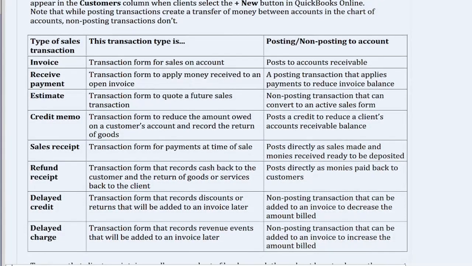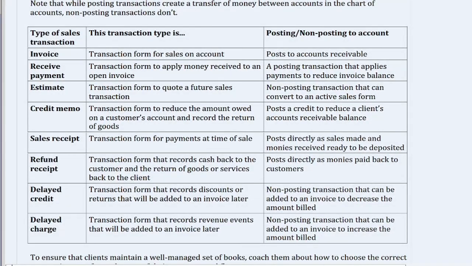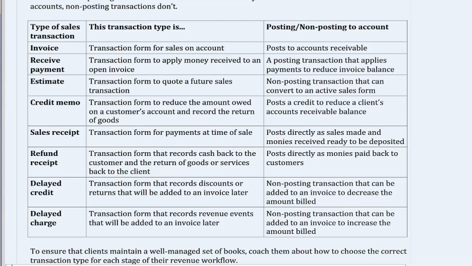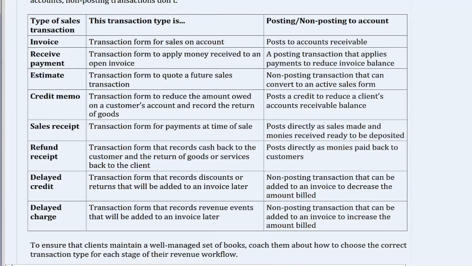Transaction form that records discounts or returns that will be added to an invoice later. Non-posting transaction that can be added to an invoice to decrease the amount billed. Delayed charge. Transaction form that records revenue events that will be added to an invoice later. Non-posting transaction that can be added to an invoice to increase the amount billed. To ensure that clients maintain a well-managed set of books, coach them about how to choose the correct transaction type for each stage of their revenue workflow.